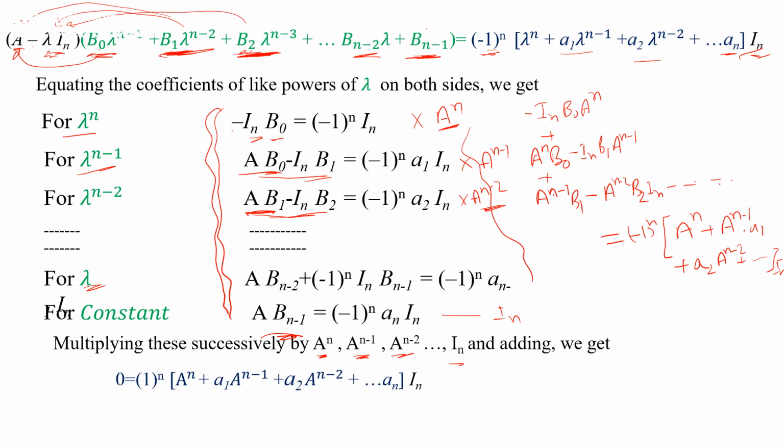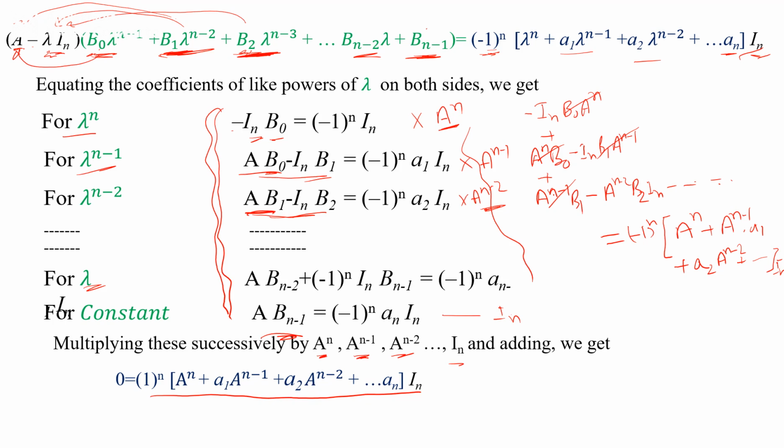So we get what? That equation, because the left hand side is 0, that term will be cancelled with that term, and this one is cancelled with that term, and in a similar manner all the terms on the left hand side are cancelled, and we get this equation.